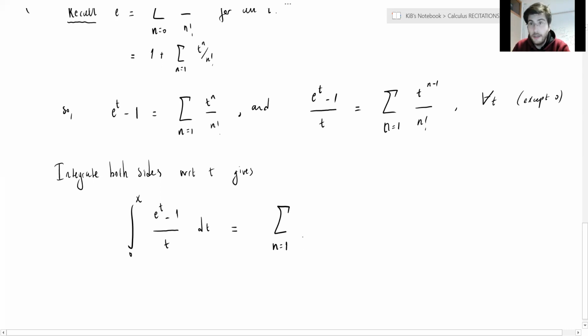There is a theory behind this, so you should go back and check the lectures for more details. So with term-by-term integration, what do we get? x to the n divided by n times n factorial.